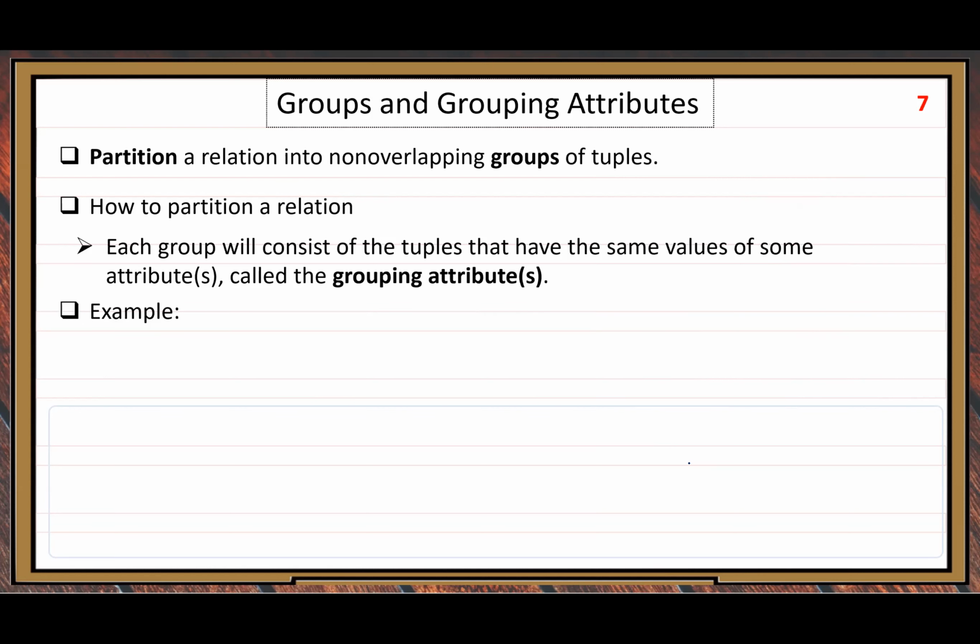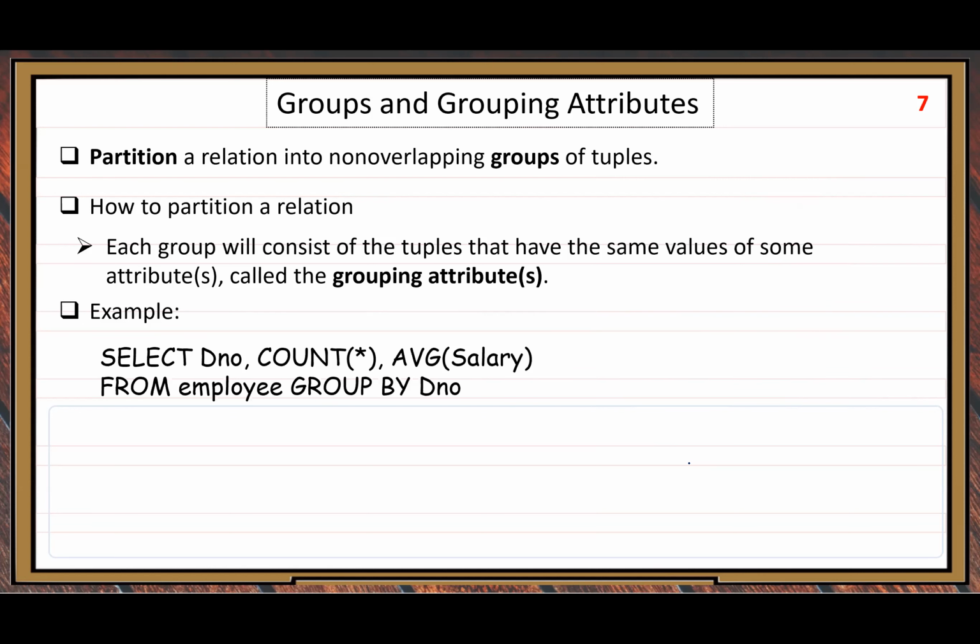Example: look at this simple one. Select department number, then you apply two aggregate functions. The first one, count, counts the number of tuples in each subgroup.